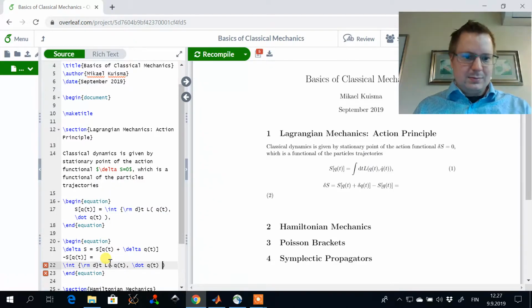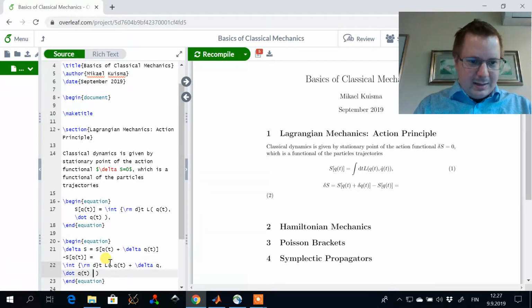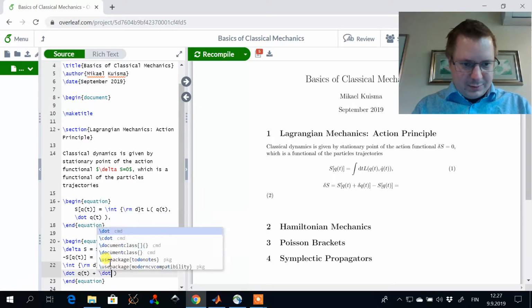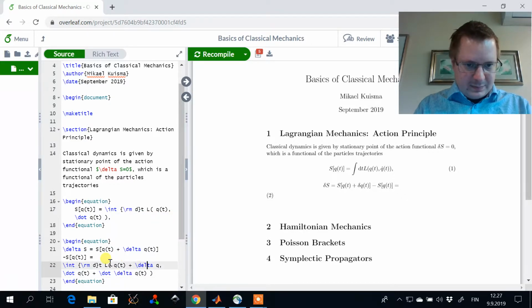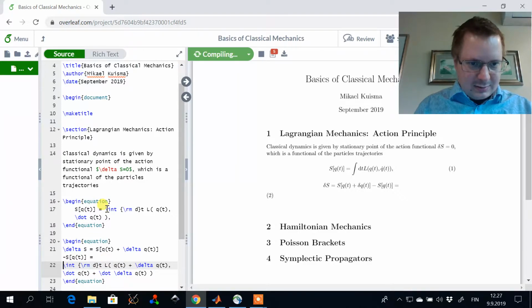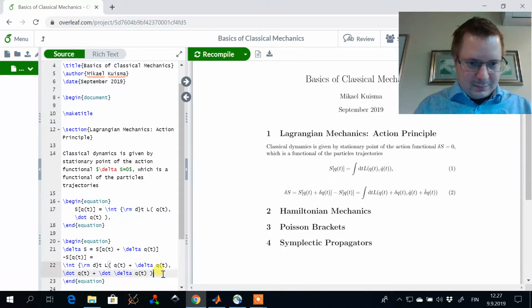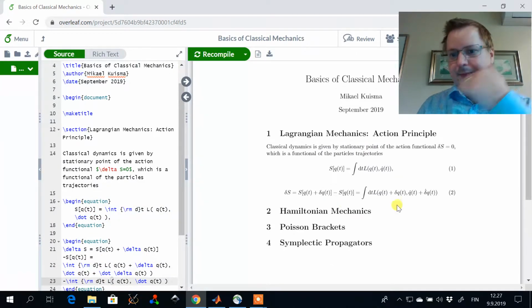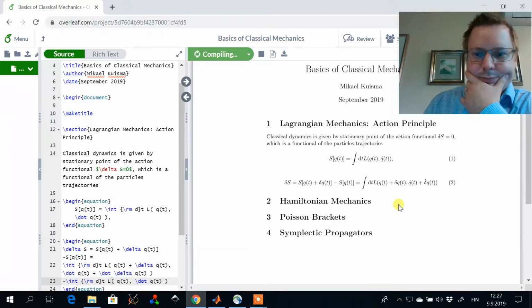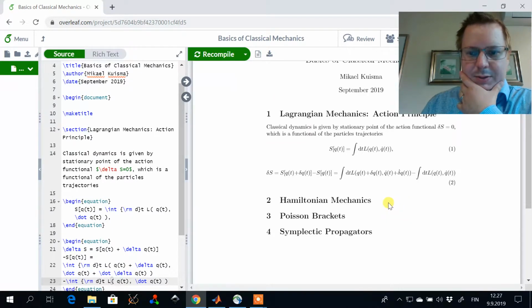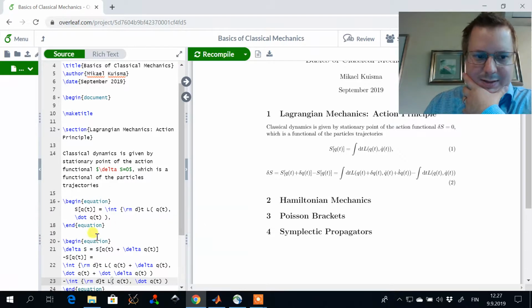So we have substituted here the delta Q, and here we actually have dot of delta Q. And then we need to subtract the function again, like so. And now we need to expand.